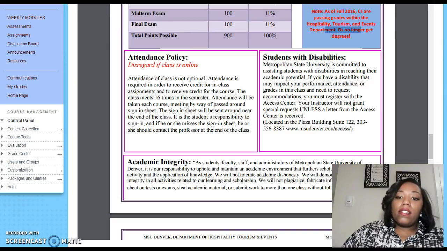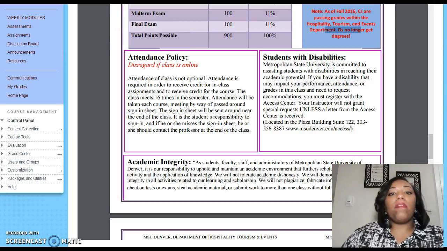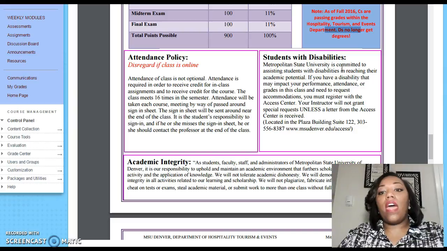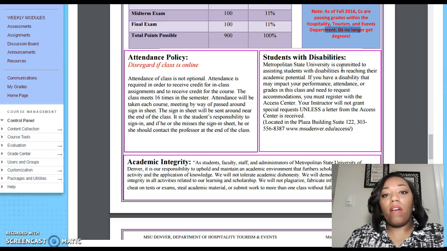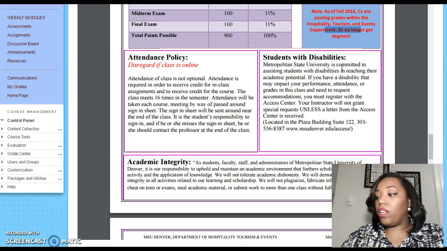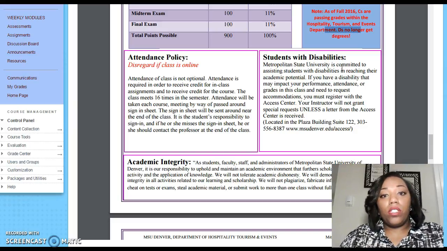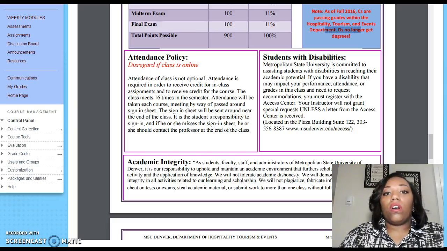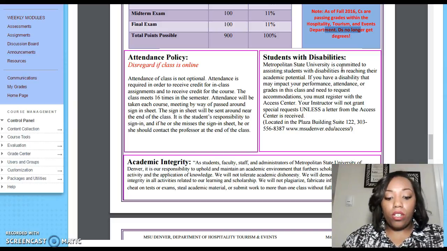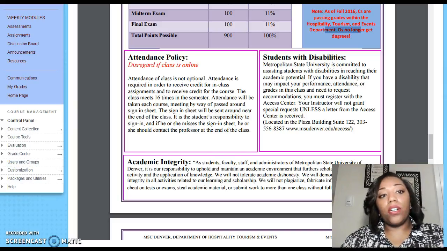I ask that if you have any type of learning disability, it's actually required by the school that I receive a letter in order to grant you certain privileges, such as extensions on times, or sending your quizzes over to a testing center at Metro so that they can be proctored.